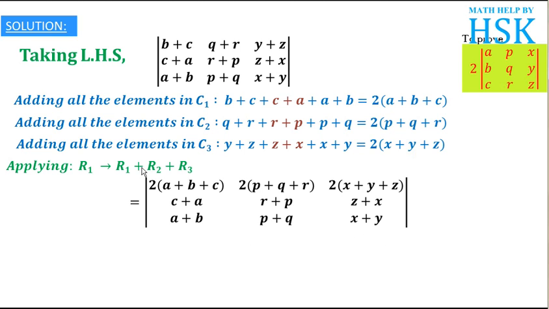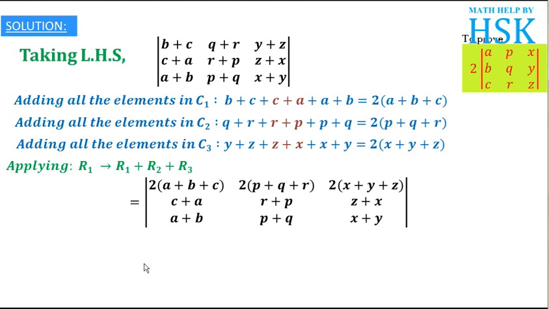When we apply this operation, to b plus c, c plus a and a plus b are added, to q plus r, r plus p and p plus q are added, and to y plus z, z plus x and x plus y are added. So we obtain these values.